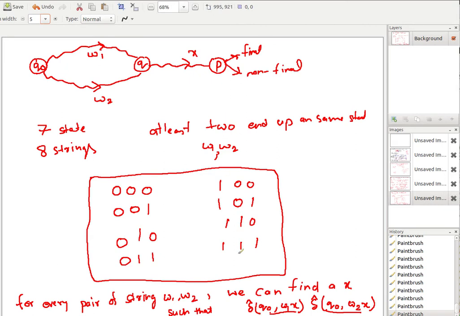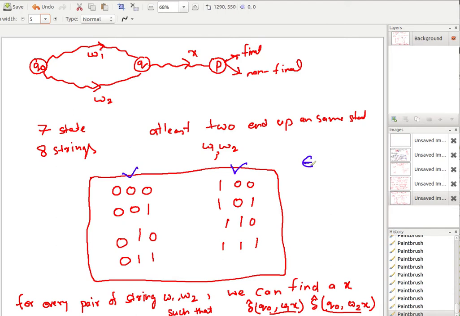So I think it's very simple to find such a string. If I have to really do it for, let's say, any string from this side and any string from this side, I think epsilon is the counter string. You don't append anything.